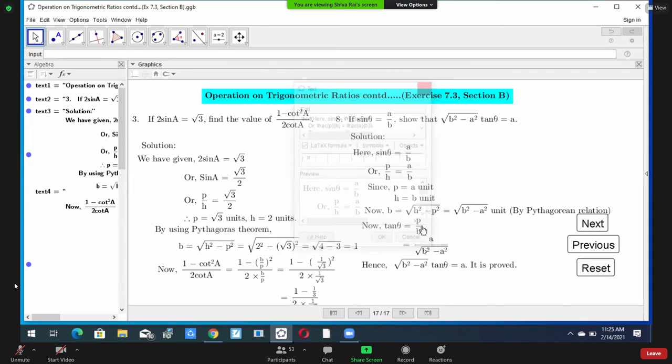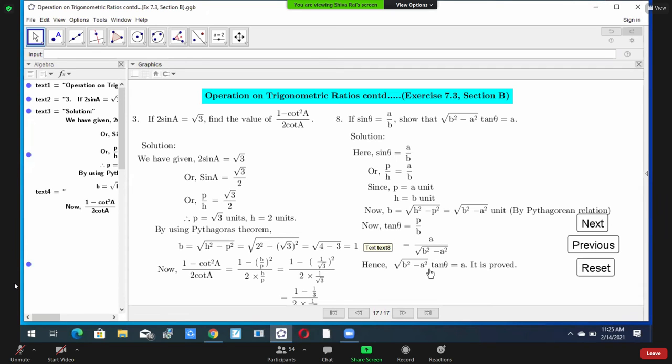So you look here, tan theta equals P upon B. Just substitute the value of P. P equals A. And B equals what we have got, under root B square minus A square. Now you do cross multiplication here. Tan theta equals A upon under root B square minus A square.